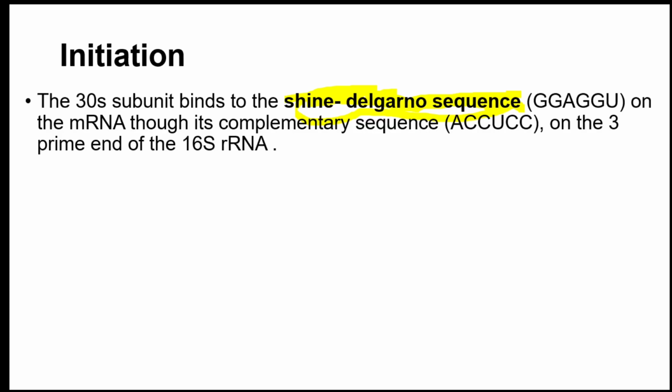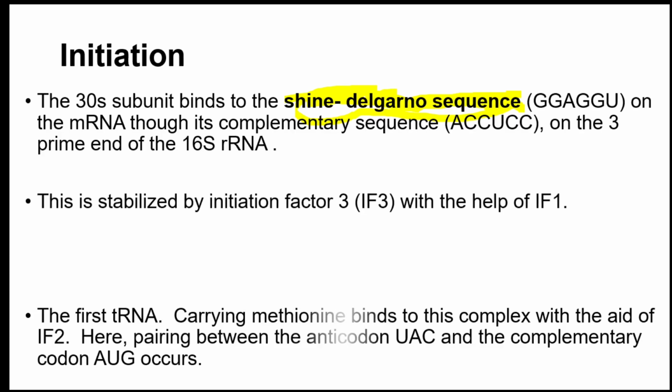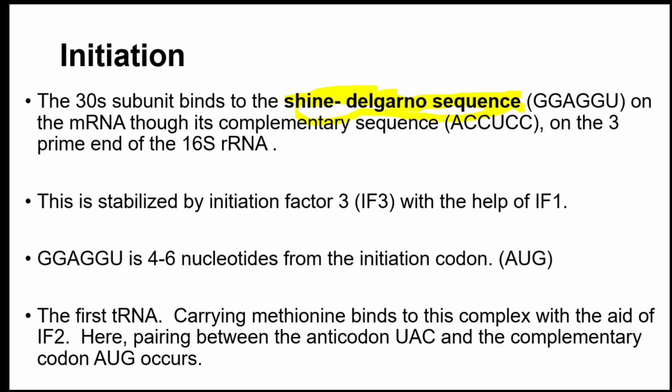Now imagine your mRNA is swimming around and it meets the ribosome. It's going to bind to the ribosome, and this is the start of our protein manufacturing. This binding requires stabilization, which is done by initiation factor 3 with the help of initiation factor 1.